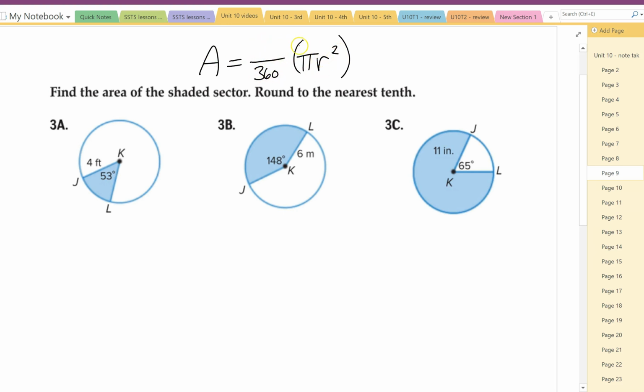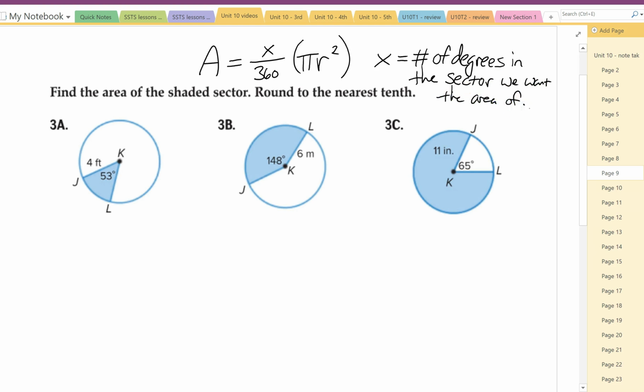And 360 is always going to go in the bottom, because that's the total number of degrees inside of a circle. On top of that 360, we're going to put an x, and x is just going to be the number of degrees in the sector we want the area of.